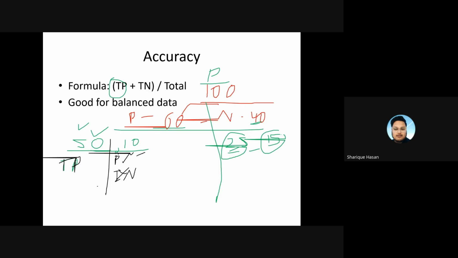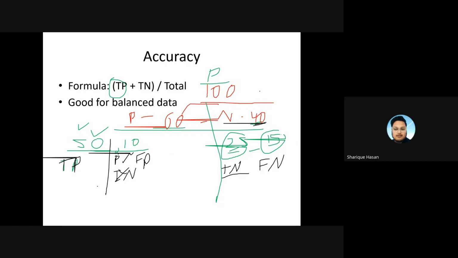They are positive, but they are false. Here, out of 40 predicted negative, 25 are actually negative, so they are true negative. The other 15 are false negative, because they were predicted negative, but actually they are positive. So I think you got what is true positive, true negative, false positive, false negative.